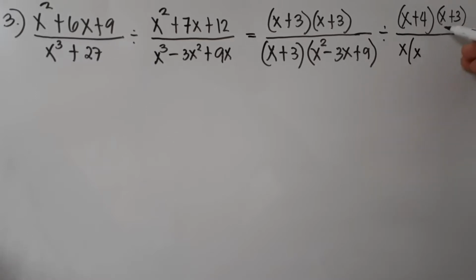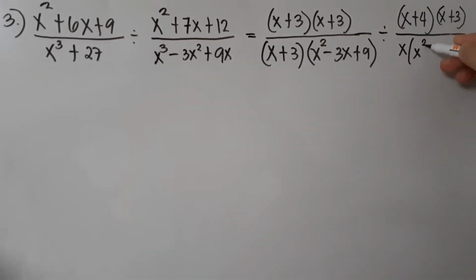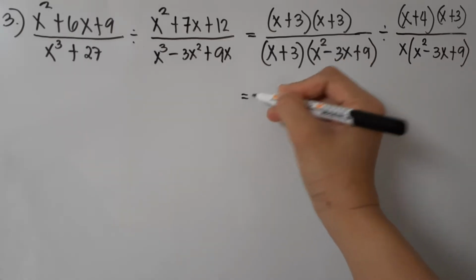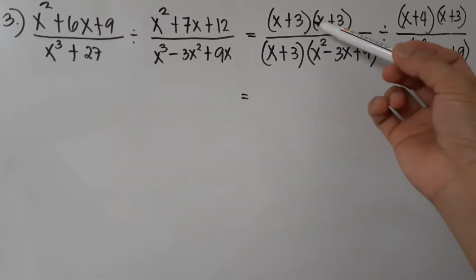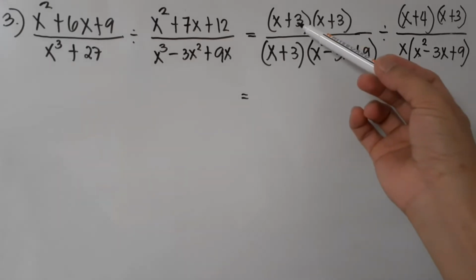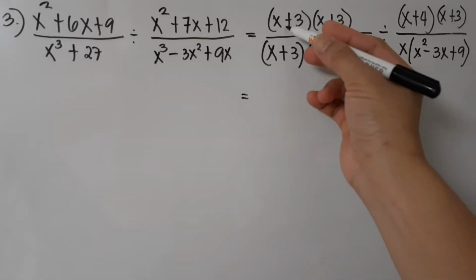And then another sign. This one is not a perfect square, so we can factor it using x squared minus 3x plus 9. This is the same as in example number 2, so we can flip the denominator.